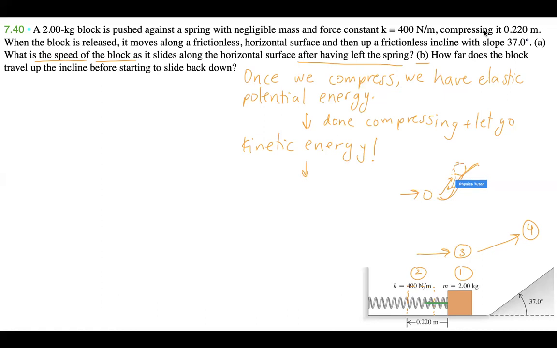Similarly here, we have a box with all this kinetic energy that was converted from the elastic potential energy, and then all the kinetic energy is converted into gravitational potential energy.